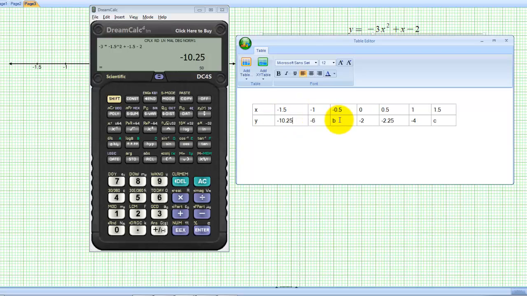Next, to find the value of b, we will sub in x equals to negative 0.5 and hence y equals to negative 3 multiplied by negative 0.5 squared plus negative 0.5 minus 2.